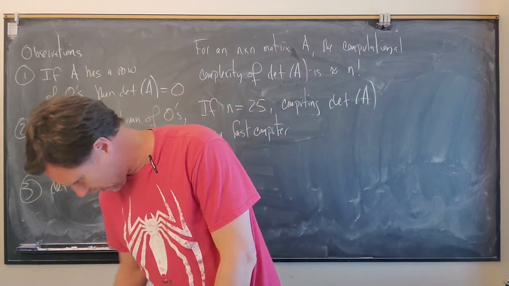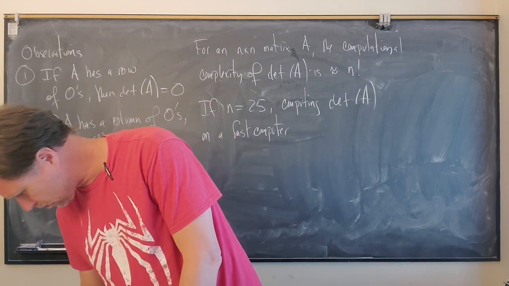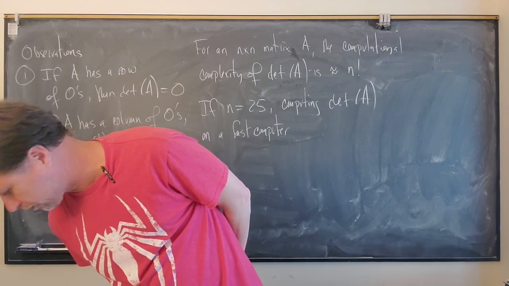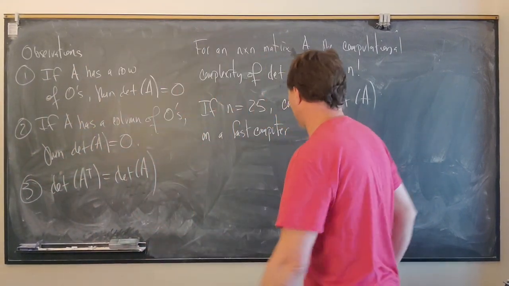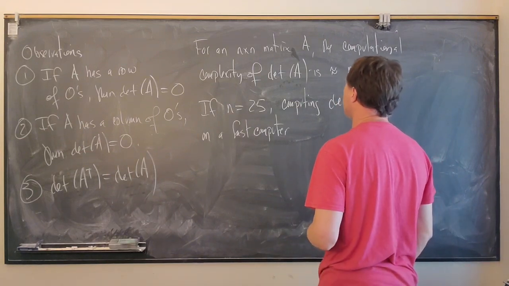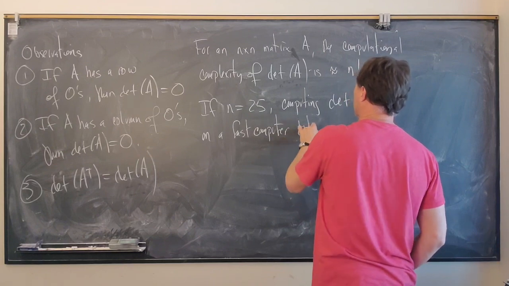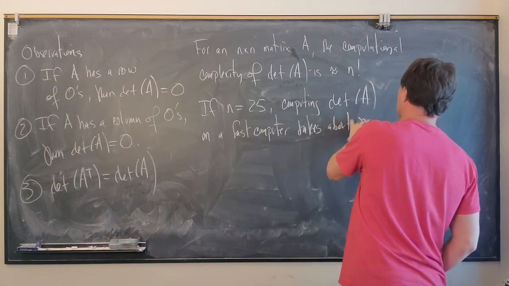If a computer does 1 petaflop per second, computing the determinant of A on a fast computer takes about 300 years.